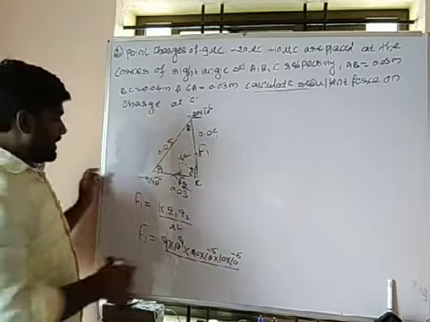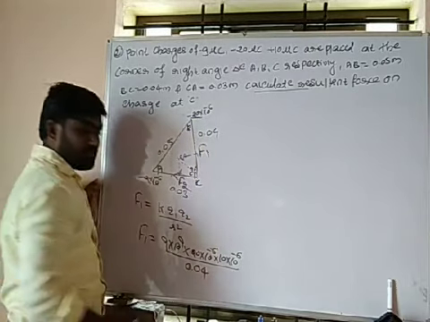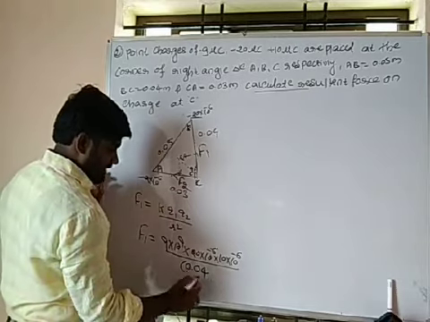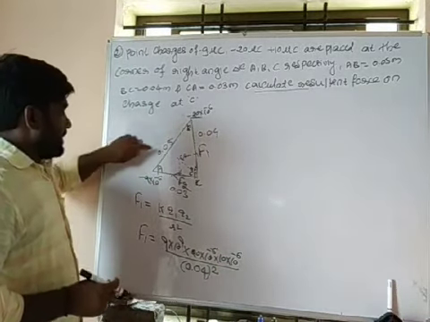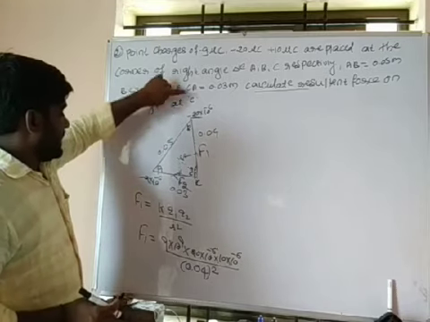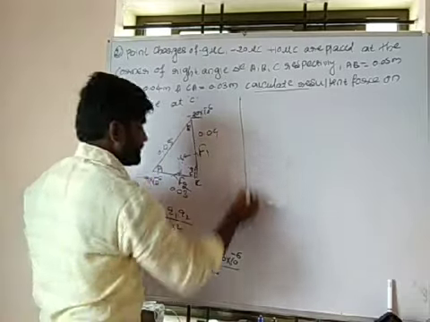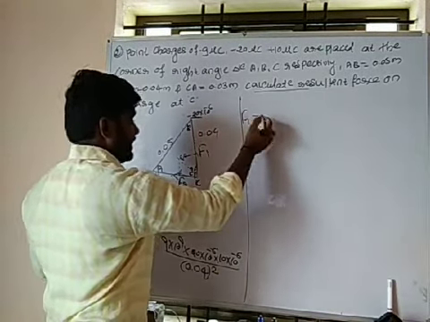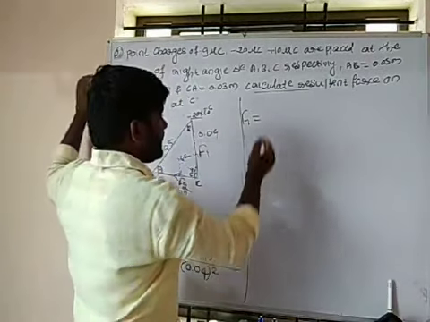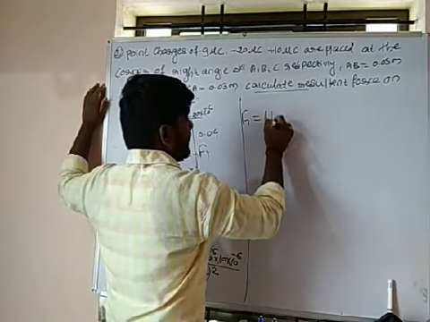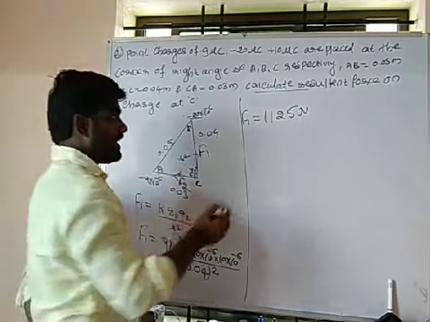So F1 is separated by 0.04, squared. After calculating, do it yourself. This F1 is equal to 1125 Newton.